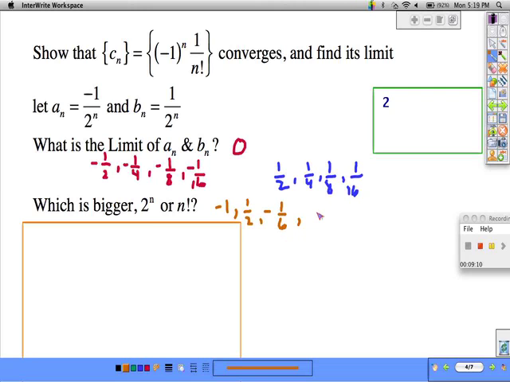The fourth term, 1 over 24. The fifth term, -1 over 120, and so on.